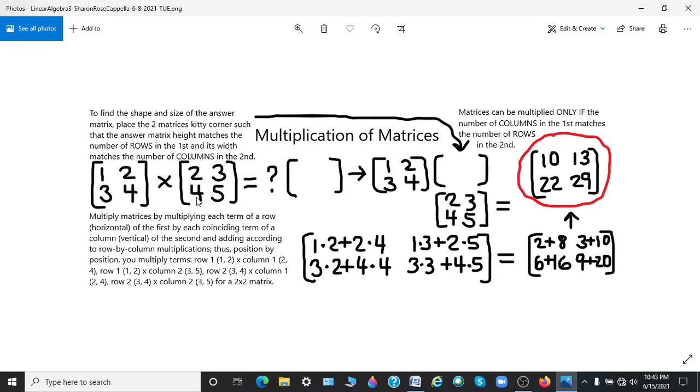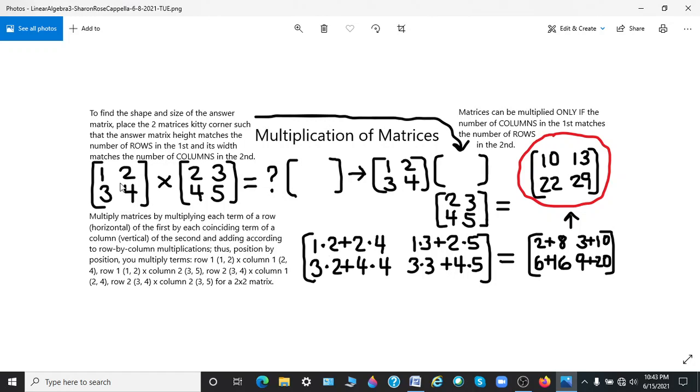It's systematic. That's the key word with linear algebra. So what do you have in row 2? Okay, so 3 times 2. First term of row 2 times the first term of column 1 in the second one.